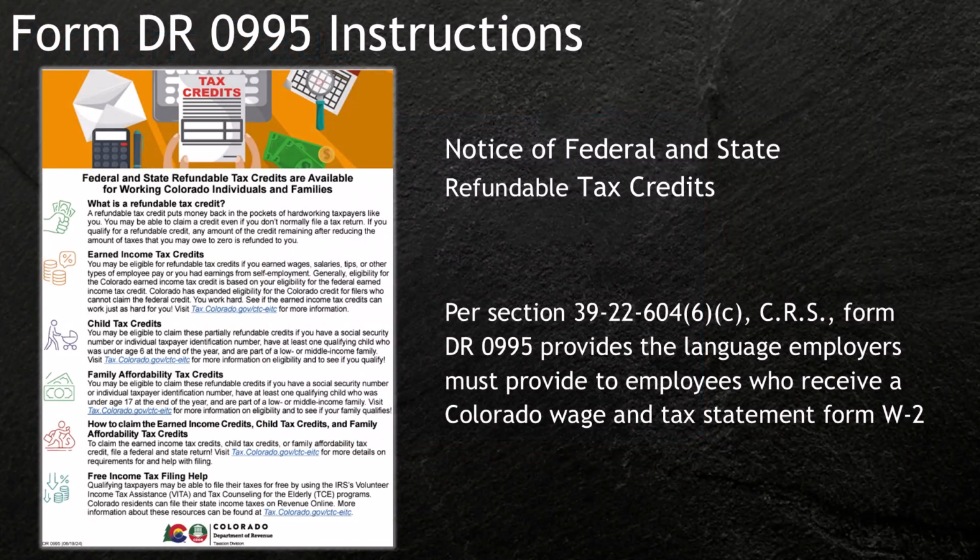In accordance with Section 39-22-604(6)(c) of the Colorado Revised Statutes and per House Bill 23-1006, Employer Notice of Income Tax Credits, for income tax years commencing on and after January 1st of 2023, employers must provide to all employees who receive a Colorado wage and tax statement, Form W-2, all the language contained in the template provided on Form DR 0995.